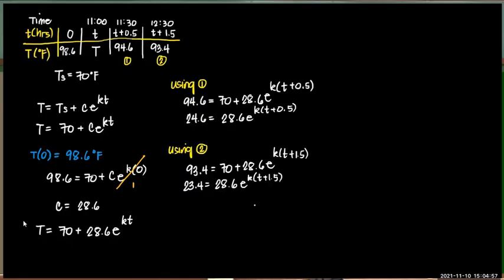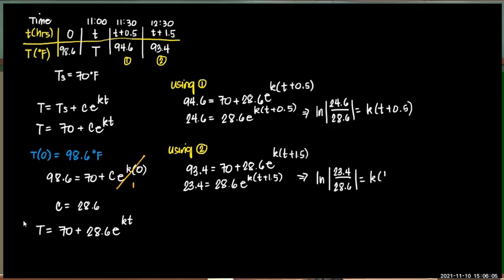All right, so it looks ugly, but what we can do probably, guys, is this. I can safely say ln of 24.6 over 28.6 is equal to k times t plus 0.5. And then this one is ln of 23.4 over 28.6 is equal to k times t plus 1.5.